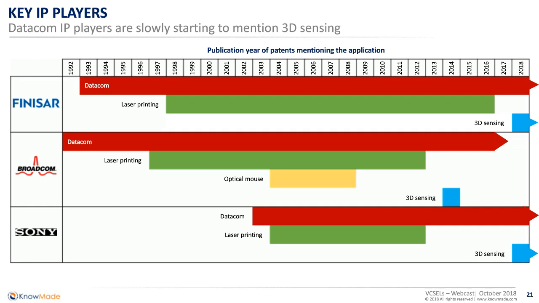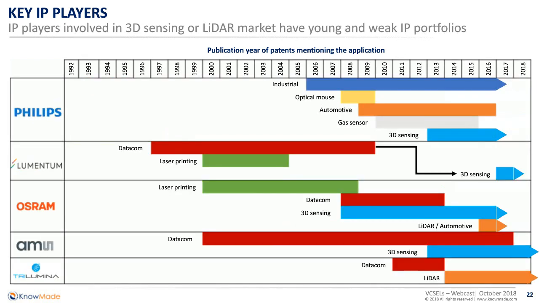The other players that are now looking into this application are, let's say, more specialized players and players that are mainly known from the market point of view. So in the IP landscape, we have identified five main players, which are Philips, Lumentum, so two providers of Apple, Osram, AMS Group, that just acquired Heptagon and Princeton, and Trilumina.